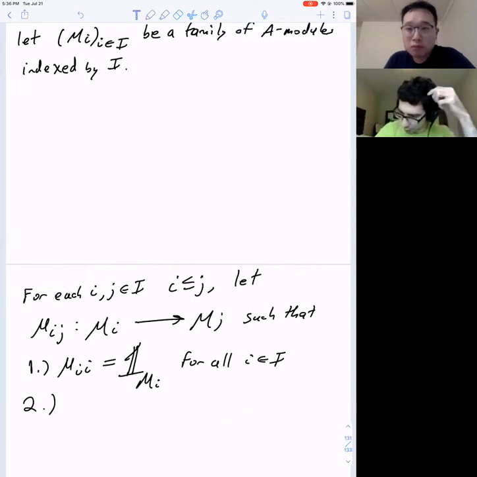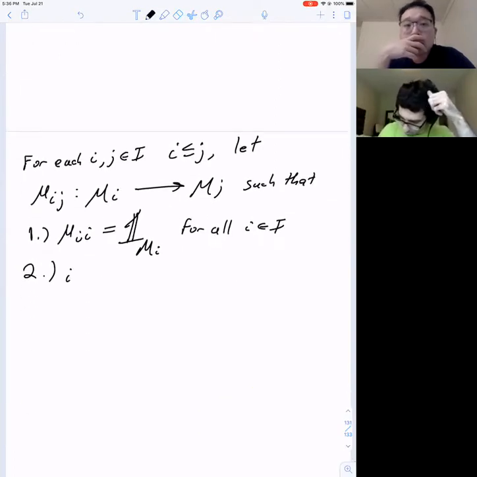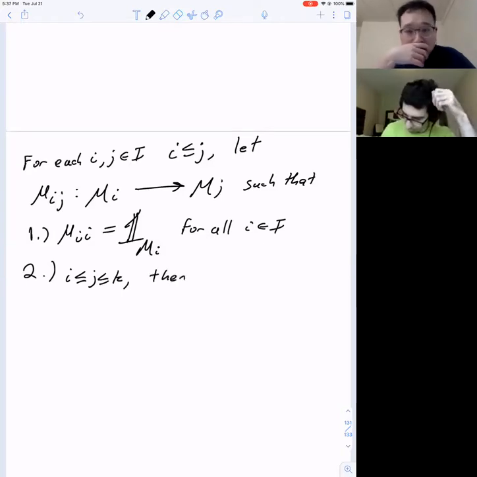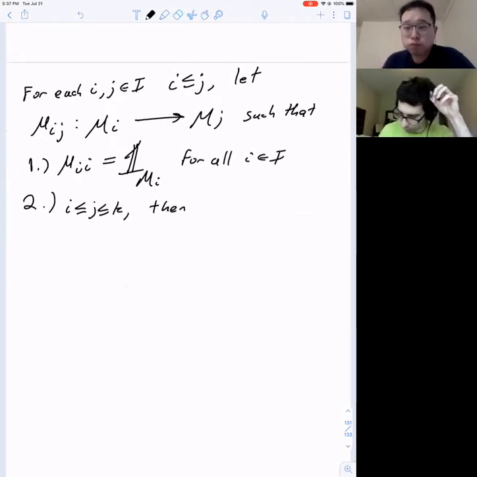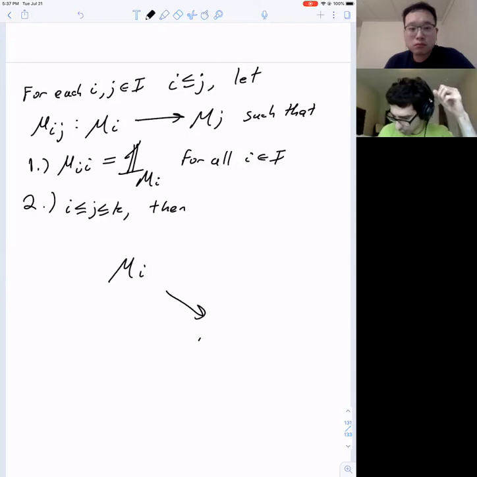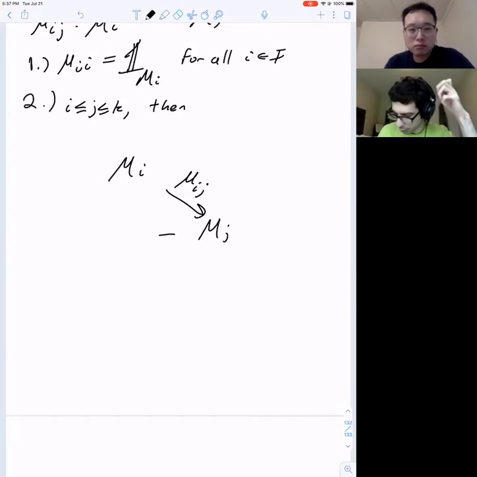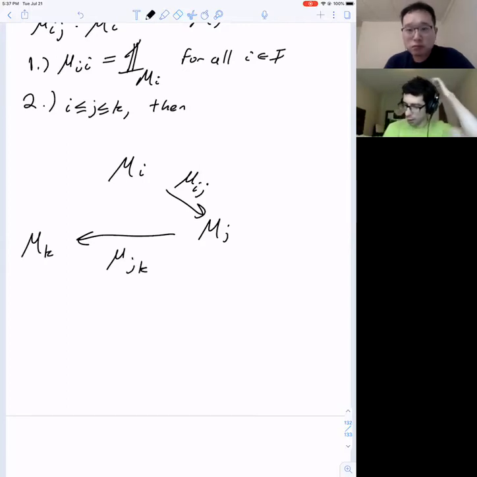The second condition is if i is less than or equal to j, which is less than or equal to k, then we have a commutative diagram. M_i goes to M_j by this mu_ij, and j is smaller than k, so there's a map that way.